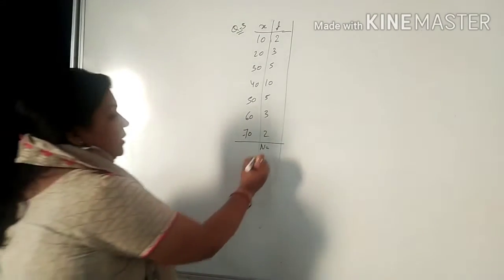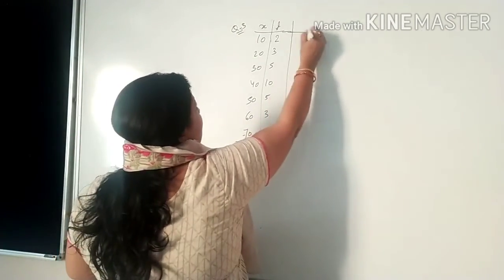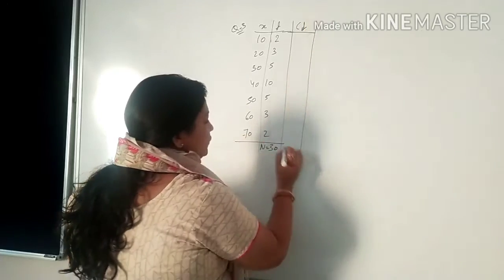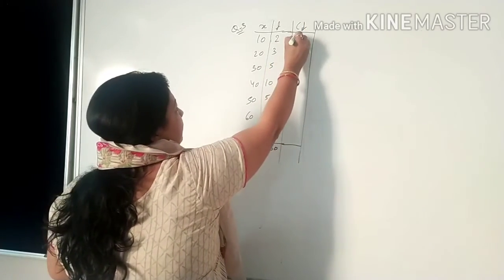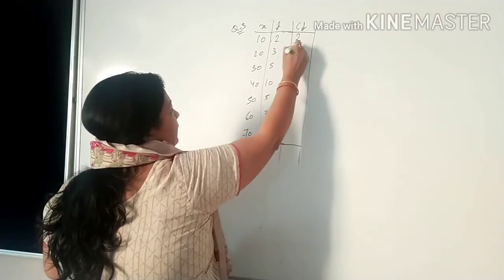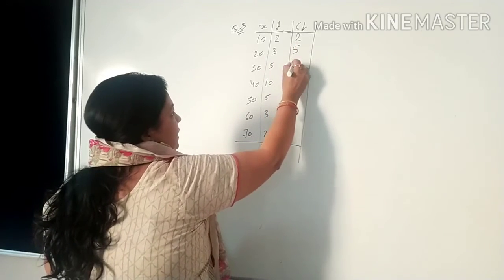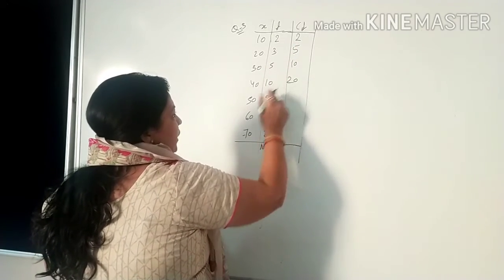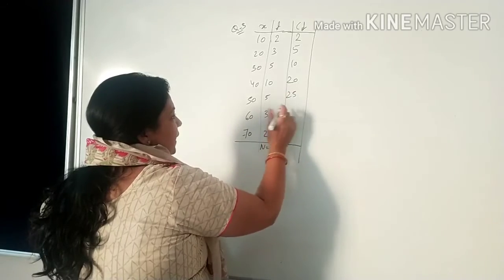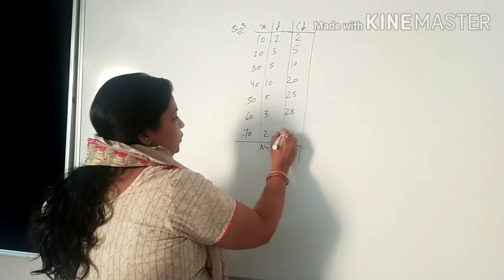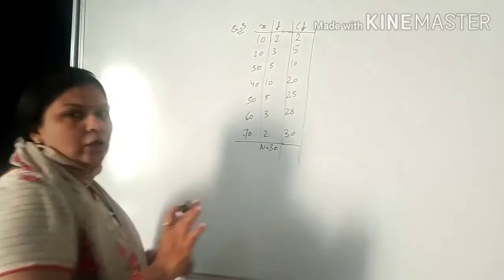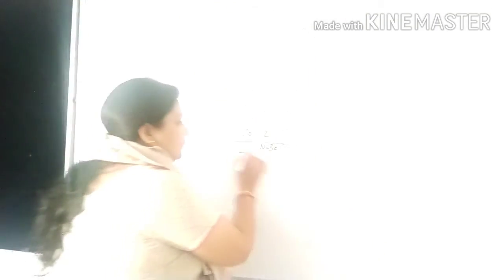So it is 30. Now find out the cumulative frequency. As you know, cumulative frequency is the running addition of frequency. 2, 2 plus 3, 5. 5, 5, 10. 10, 10, 20. 20 and 5, 25. 25 and 3, 28. 28 and 2, 30. 30 means your cumulative frequency is correct.